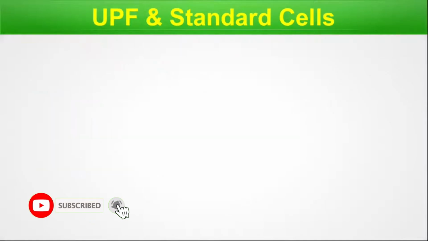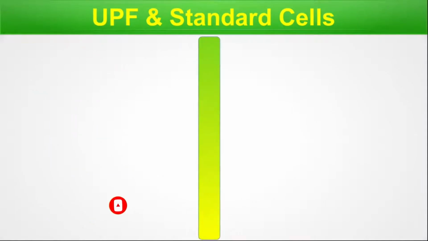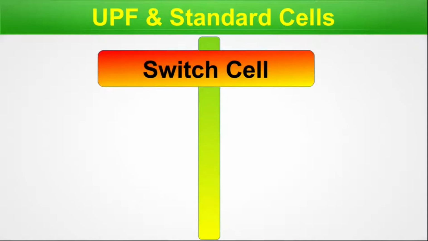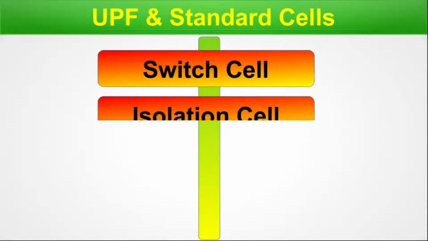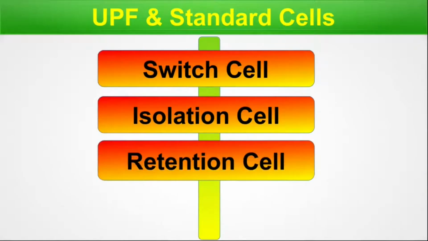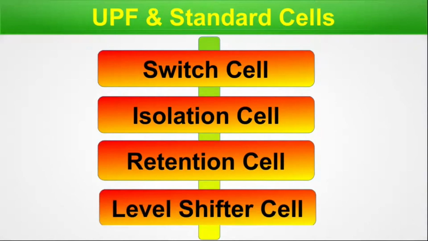UPF and standard cells. So here, we will talk about 4 types of UPF commands and the standard cells. Majorly these are switch cell, isolation cell, retention cell, and level shifter cell. In the standard cell package, these 4 types of cells are there and these are special types of cells.